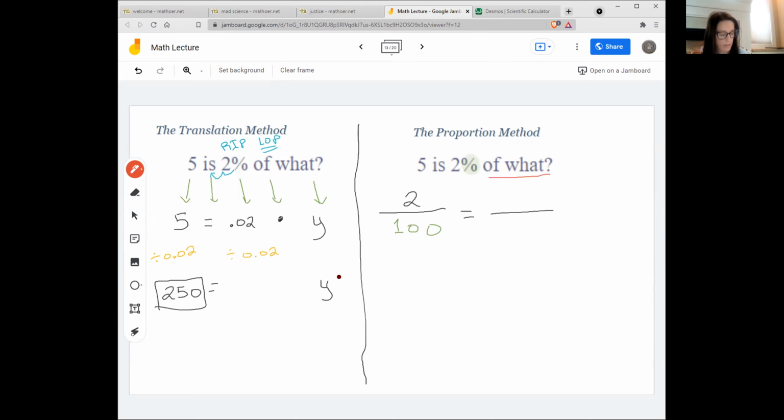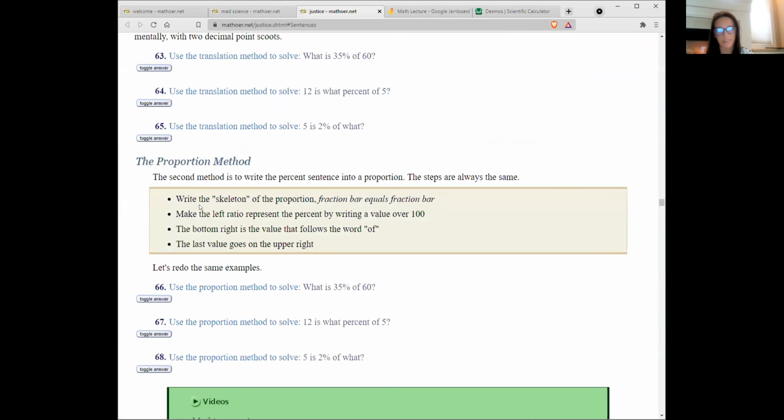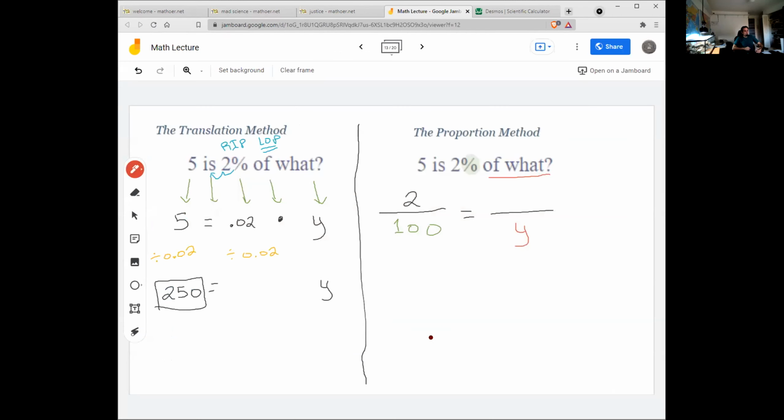So then the y would be on top, bottom? Bottom. The of thing goes on the bottom. Okay, then 5 goes on top. It goes on easier if you have the list in front of you, but I don't. So unless you have notes in front of you, you have to just memorize it. Okay, and the thing we haven't used yet is 5.